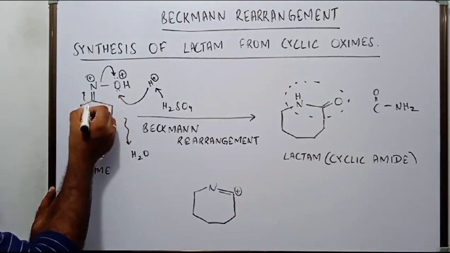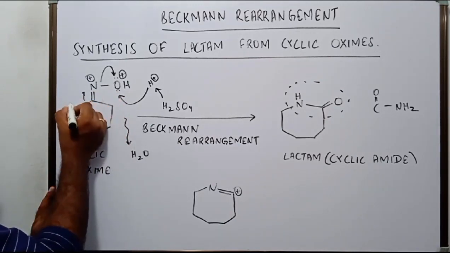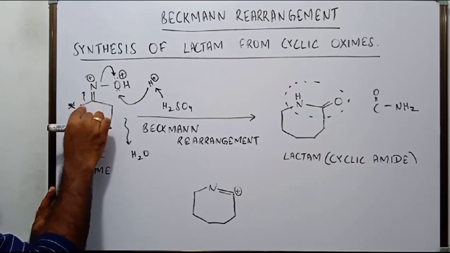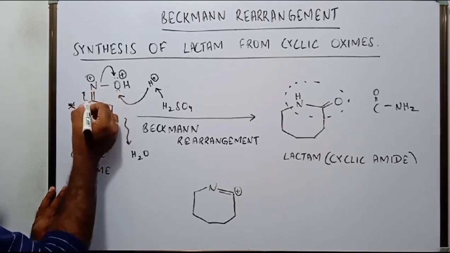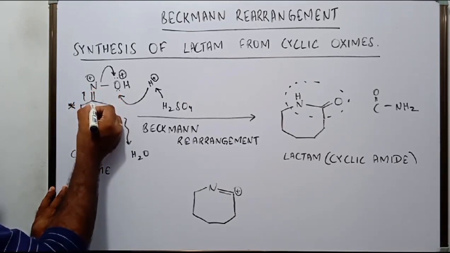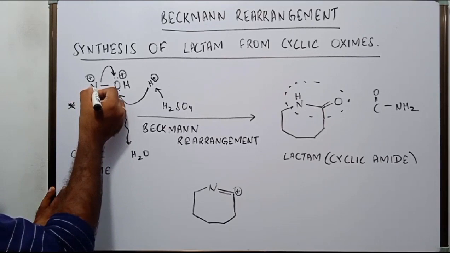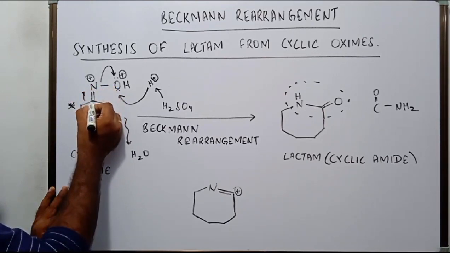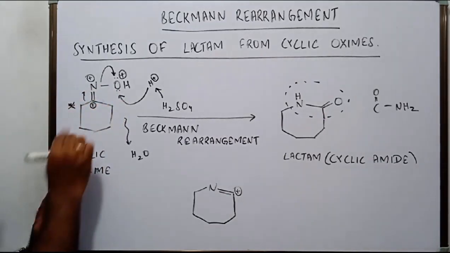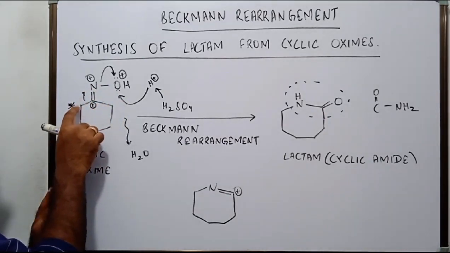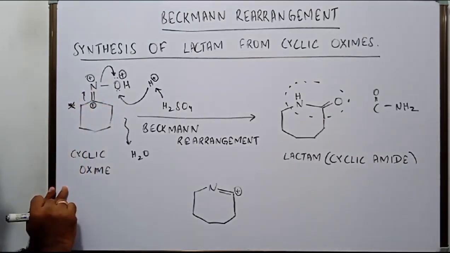Then in that case, this crossed carbon atom would form a bond with the nitrogen atom. And this carbon atom just lost one electron to nitrogen, so it would become positively charged. Now this crossed carbon atom is linked to the nitrogen atom.